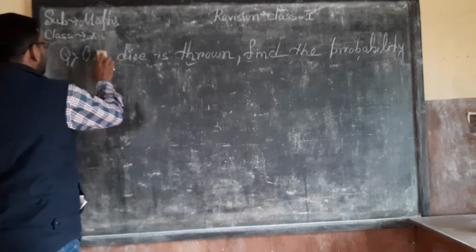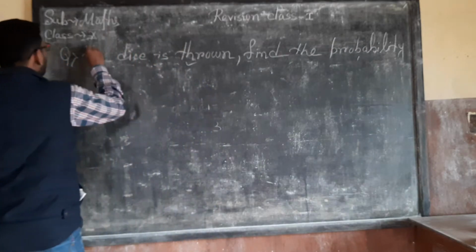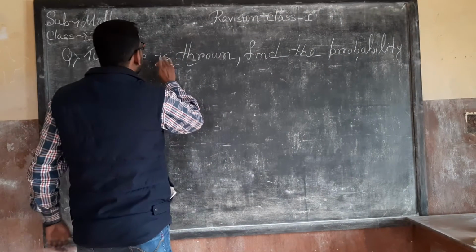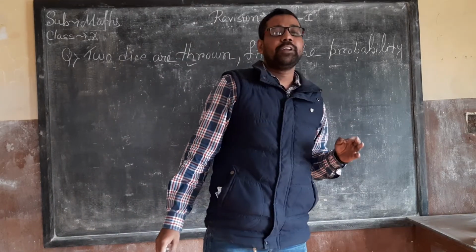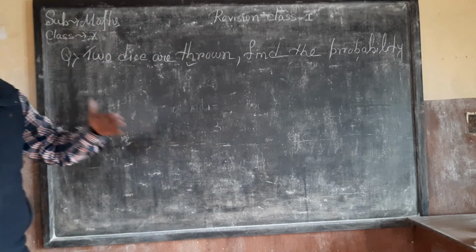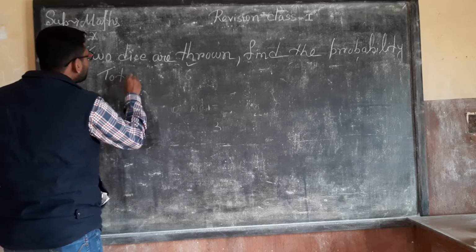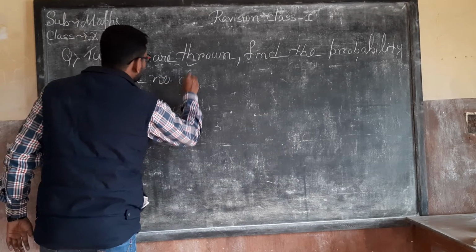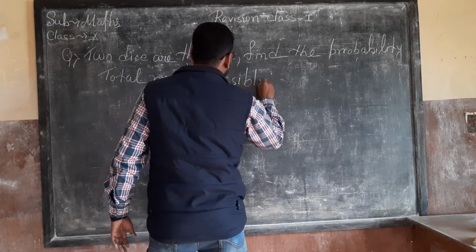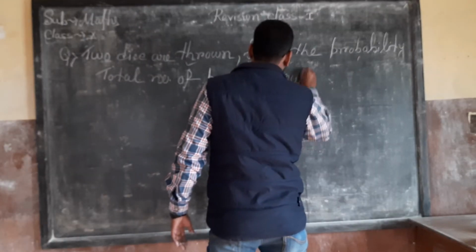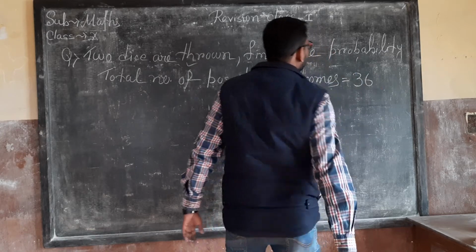The next question is: 2 dice are thrown. So the next experiment is that 2 dice are thrown simultaneously or at a time. So the total number of possible outcomes is equal to 36.